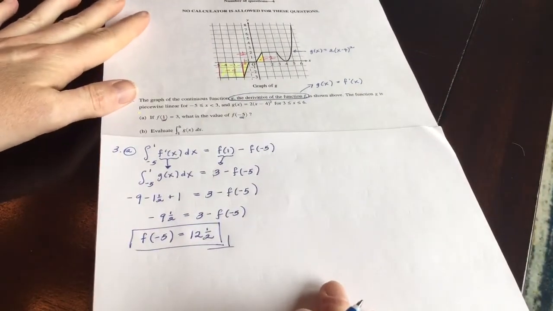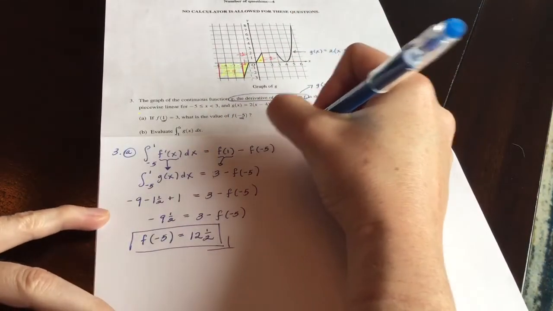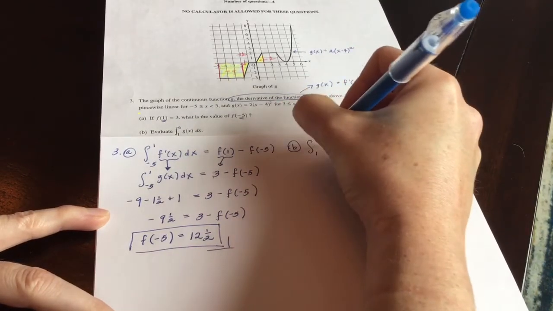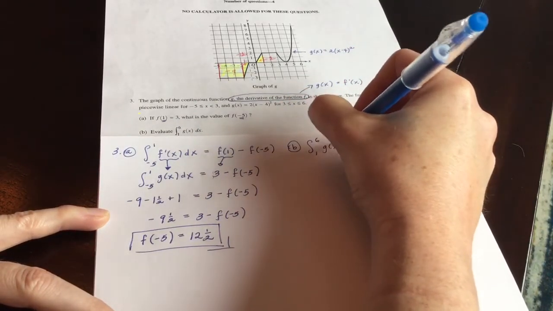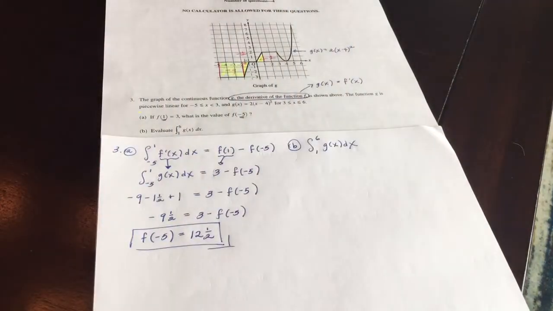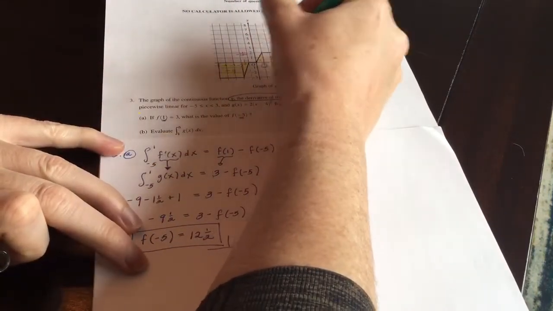Okay, now for part B. Part B says evaluate the integral from 1 to 6 of g of x dx. So we're going from 1 to 6.